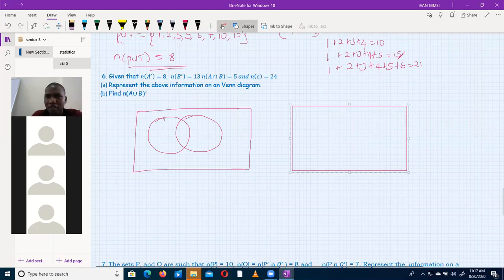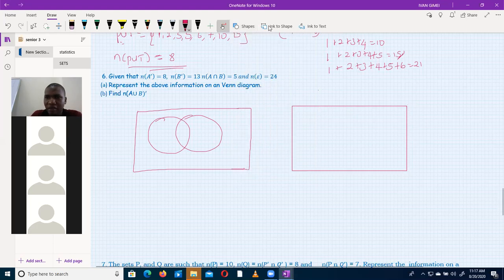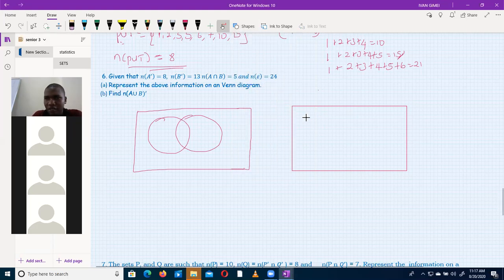Then I insert another shape inside. And the challenge with using these shapes is you over navigate around and the thing freezes. Shape. Okay, it has come. So we need a set. This will be one of the sets.